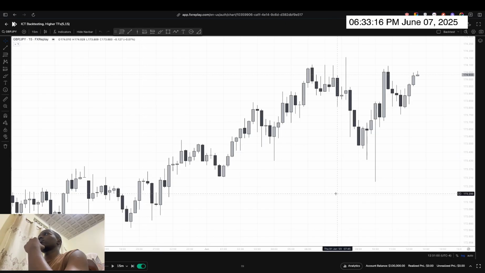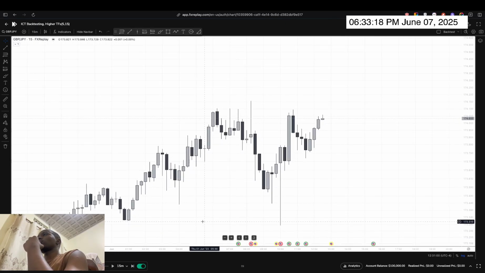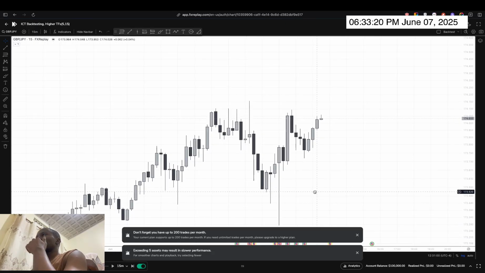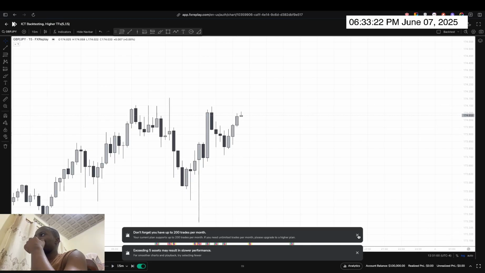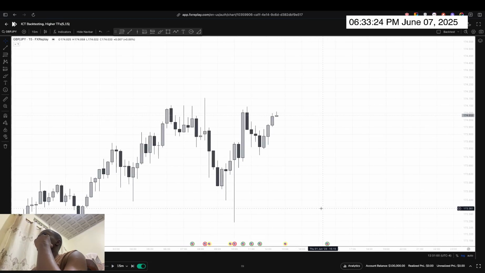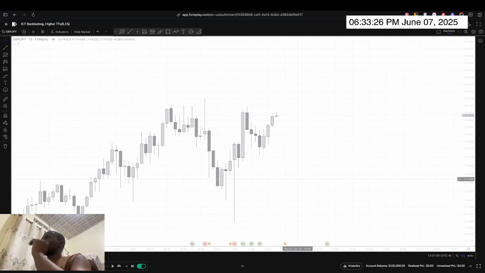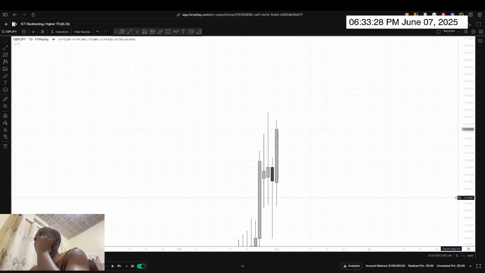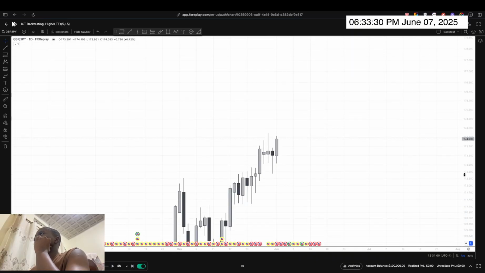Okay. So GPY is looking like this. And daily, how does the daily look? Daily looks like we are bullish.